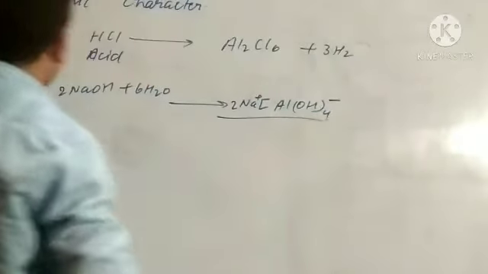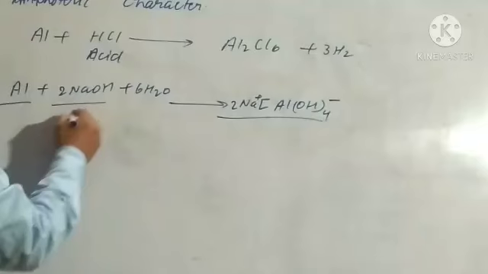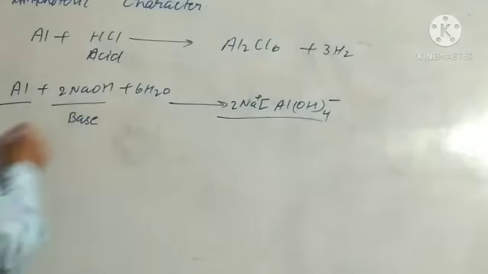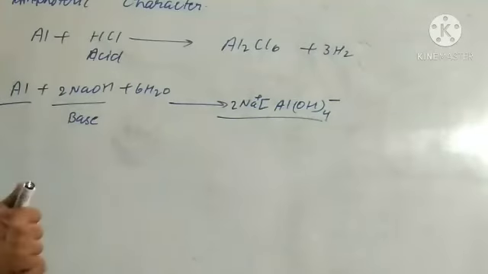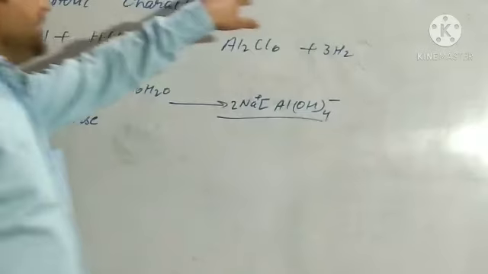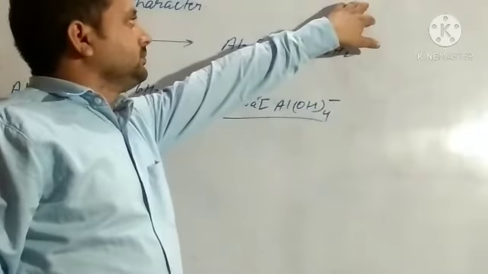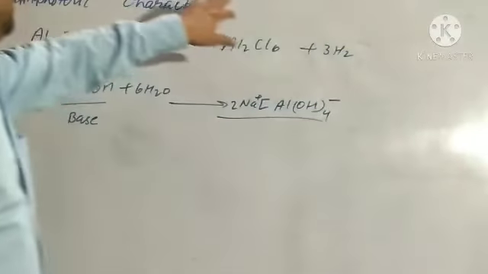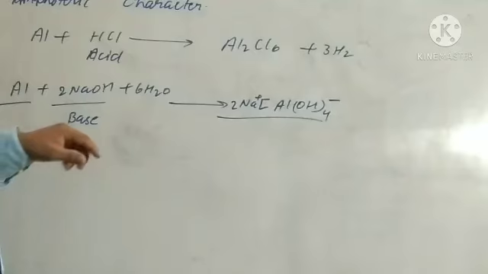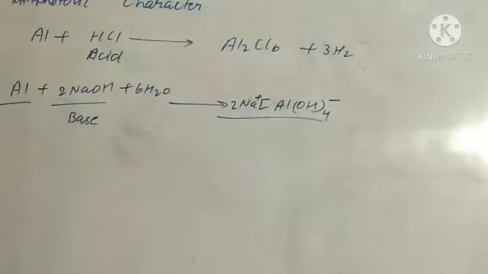So here this is base. So it shows the amphoteric nature: aluminium is dissolved in acid as well as in alkali.